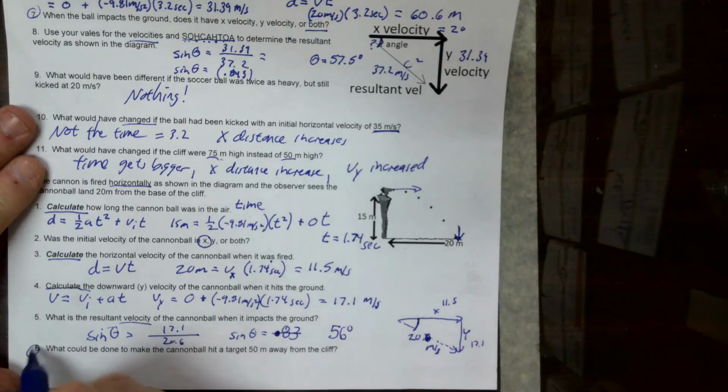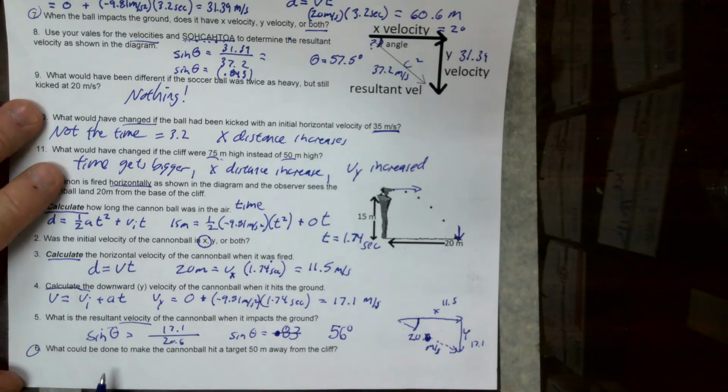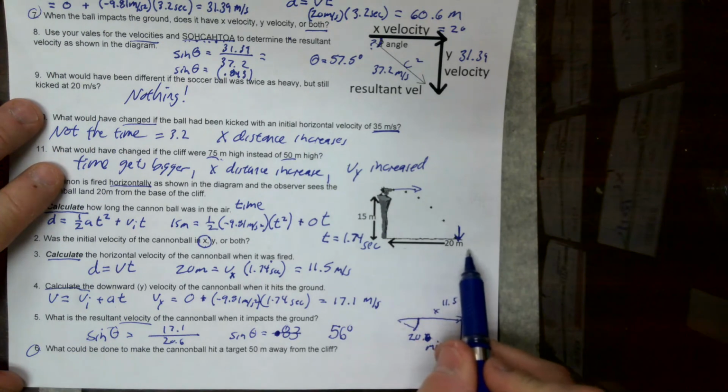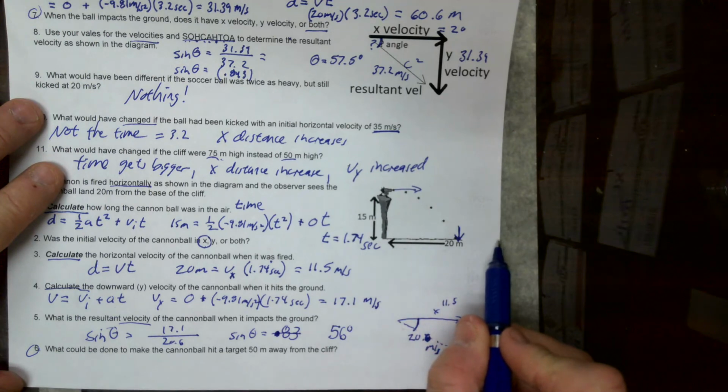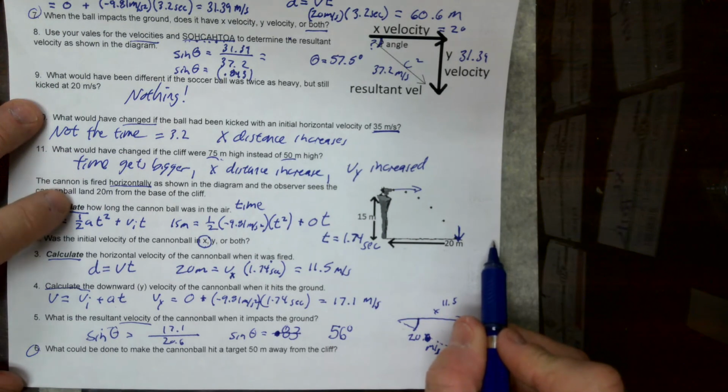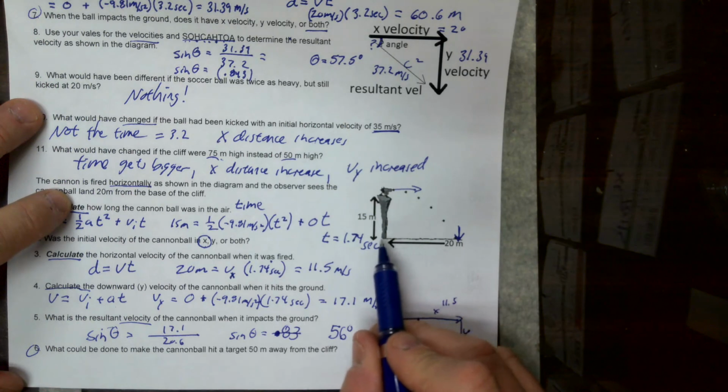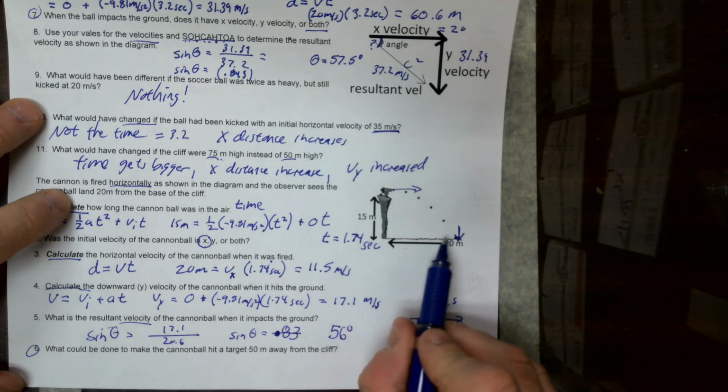So back to a concept question. What could be done to make the cannonball hit a target that's 50 meters away from the cliff? Well, if we wanted to move farther this way, what I would have to do is increase my speed, or my x velocity, so that it goes farther before it hits the ground.